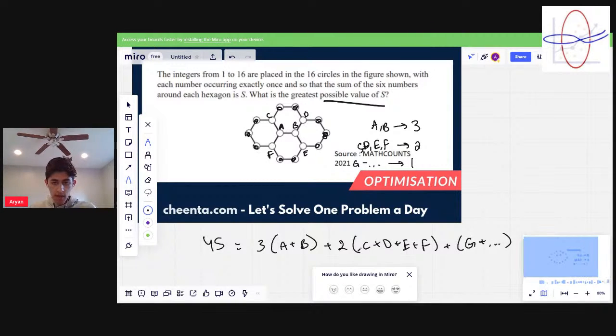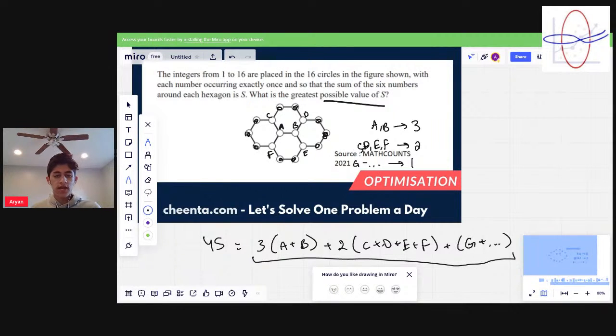Let me explain this a little better. This tells us how many times each vertex was added. A and B were counted in 3 hexagons, and because we're adding up the sum of all of our hexagons, that means we have 3 times (A plus B) in our total sum.